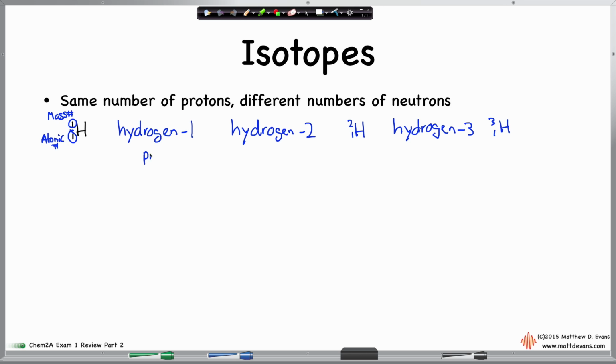This one's sometimes called protium, and that's your standard vanilla hydrogen. This is the most common type of hydrogen. This one's called deuterium, and this one's called tritium. Now, no other isotope, as far as I know, has special names for it. Generally speaking, we just write the element name -1 or -2, in this case, -3. And again, the way we write the isotope specifically is like so.